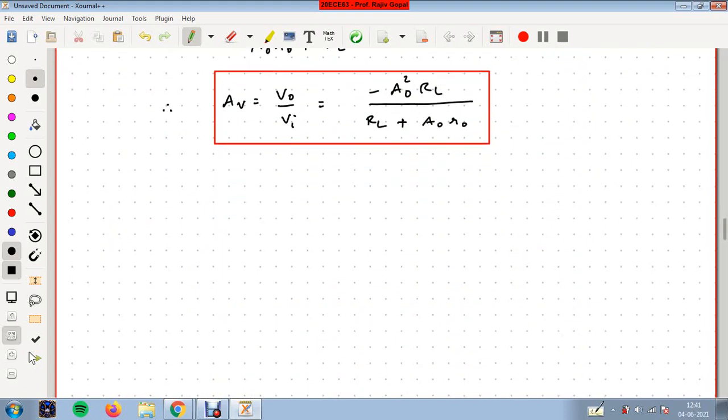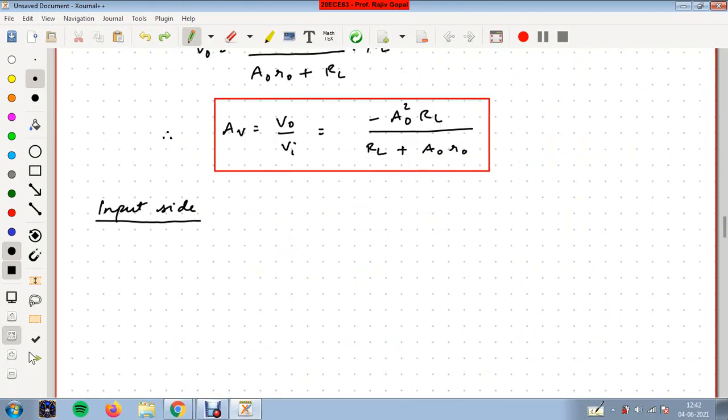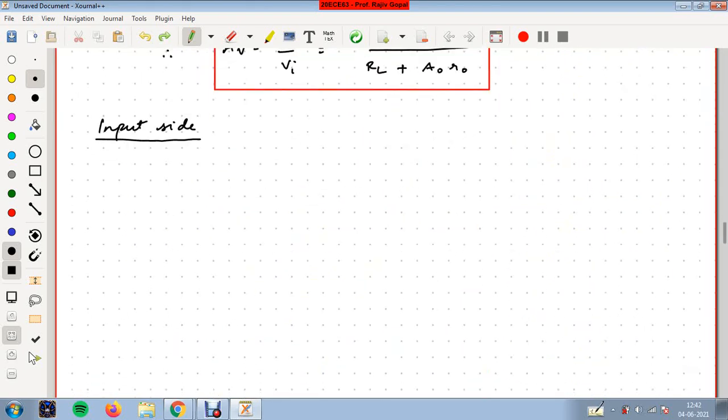Now, if I draw only the input side, this one is actually the output side, not required. Well, if I only draw the input side, I can write it like this.